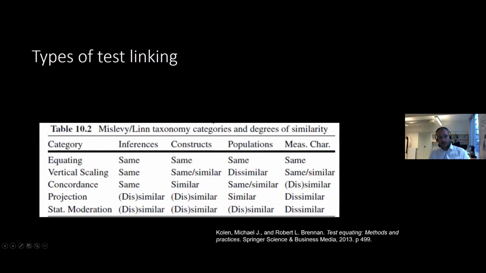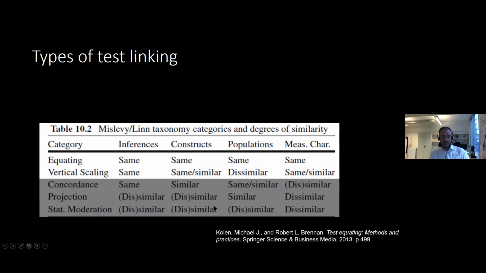You have a few different types of linking: equating, vertical scaling, concordance, projection, and statistical moderation, but I'll focus on the top two here. Equating is when you want to draw the same inferences about the same construct, about the same population, in the same measurement characteristic. That basically means if you have the same population and two different test forms that are aimed at measuring the same things.